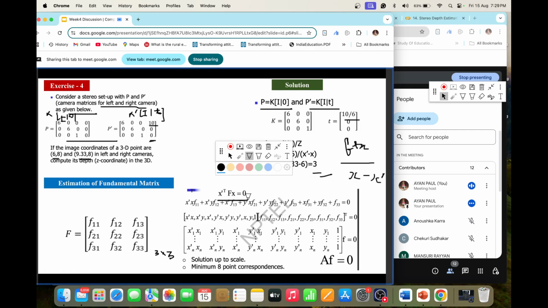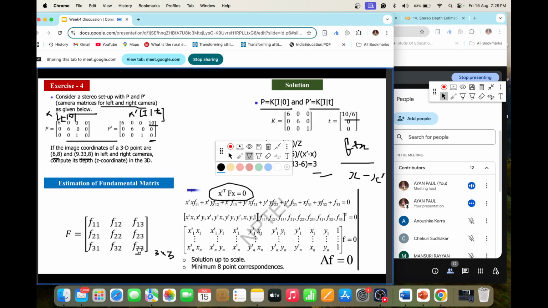Now we will be using this formula: x dash transpose F x will be equal to 0. By this formula, how many equations will we get? We will get 9 equations, but our f33 is always kept equal to 1, so we get 8 equations, and our degrees of freedom is also 8.